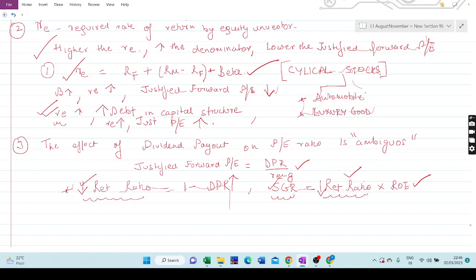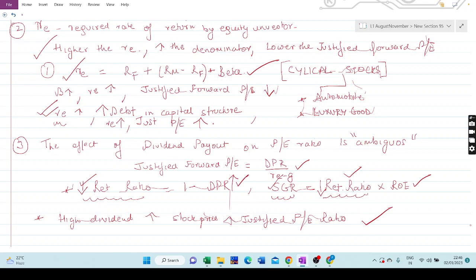Please note, a high dividend payout should increase the stock price, or increase the justified P/E ratio.